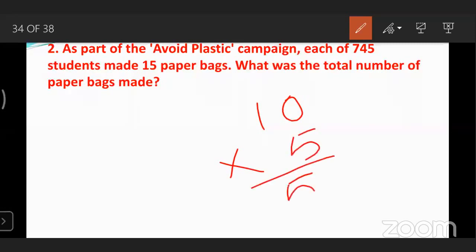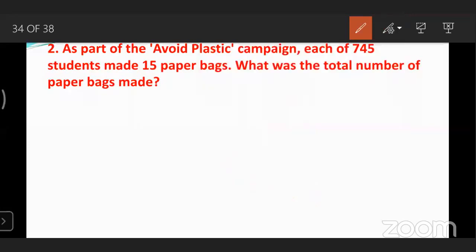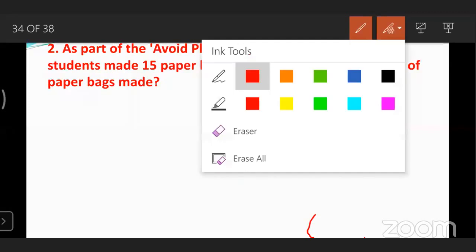Your answer will be 50, right? Now, do you understand how to solve these word problems? Okay, very good.